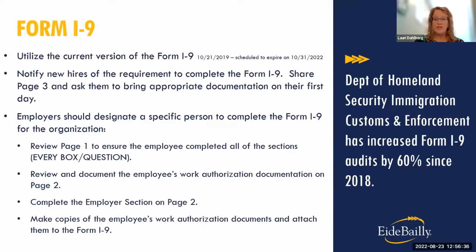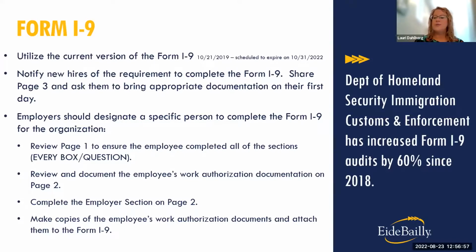So make sure that you have it marked down that you need to look and see if there is a new version. I always make sure that every time I have a new hire, I go out and just look for the current version of the Form I-9, because they may make big announcements because there's supposed to be some significant changes to it coming up, but you want to make sure you're using the current version.